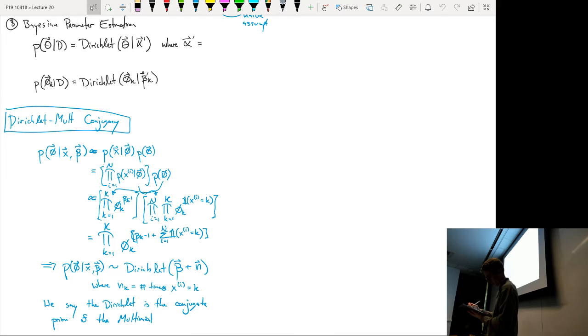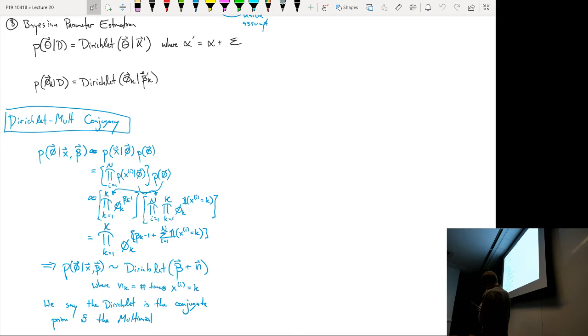Actually, let me do it a slightly different way. Rather than defining the whole vector, let's define one element at a time.